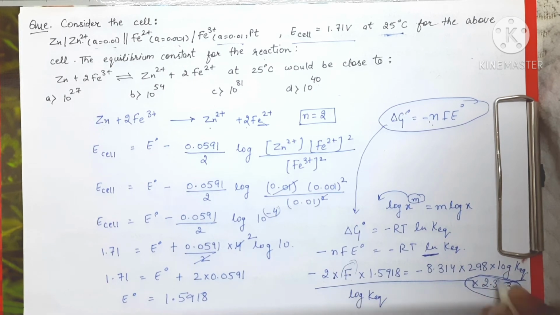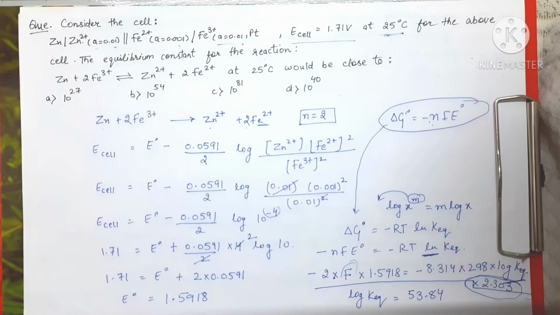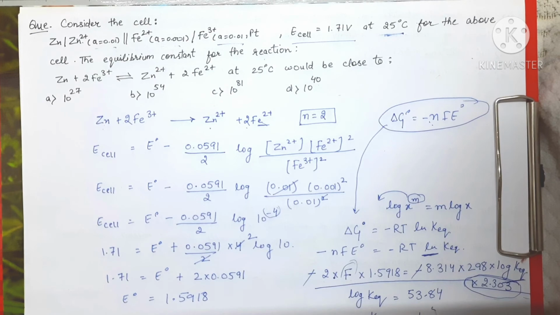So on solving this equation, you are going to get the value of log K equilibrium equals 53.84. Okay, negative will cancel out with negative, and K equilibrium will be equal to 10 raised to the power approximately 54, right?